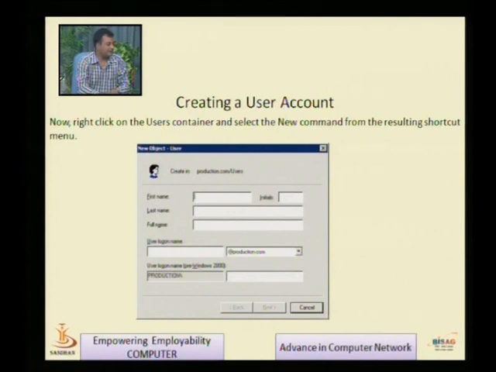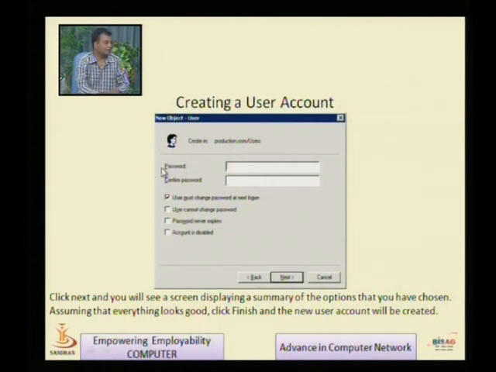So this way I provide this information, and once I click Next, I get this screen, the password for the new user. Here I have to give the password and confirm the new password. Initially I can set a new password for AMG, and here we have 4 options. The first one is user must change password at next logon. What do you mean by this?